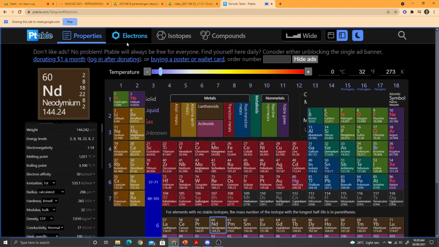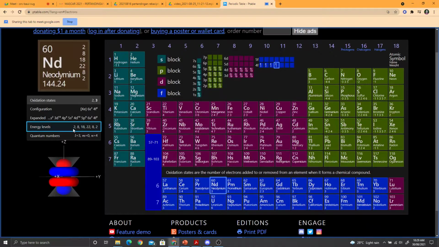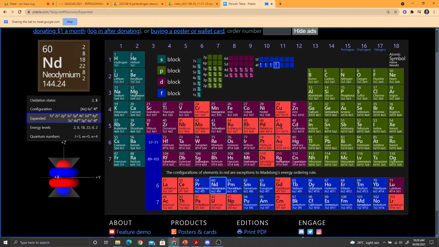So tengok elektron dia. Kalau you guys tengok, dia isi sampailah 5p6, 6s2 and 4f4. Okay, untuk the valence electron kita ambil the last 3 ni lah, the 5p6, 6s2 and 4f4. That is the valence electron.